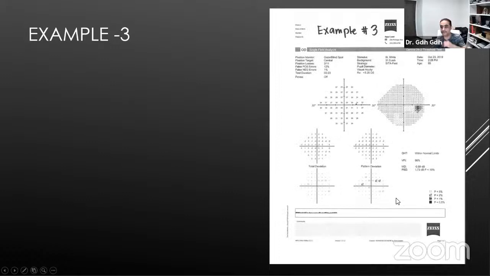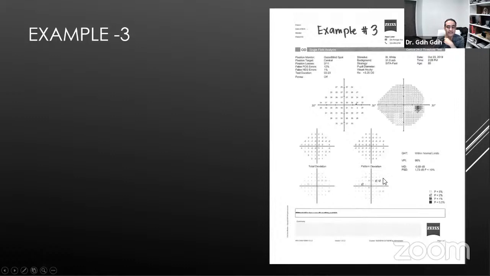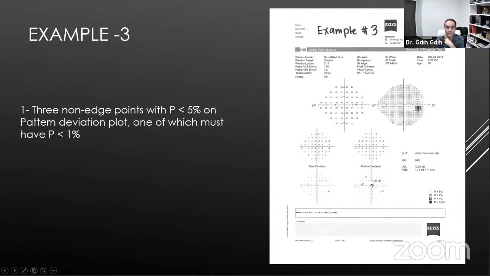Let's look at this one. See, we have scattered visual field losses here. And they kind of repeat here, but denser on the pattern deviation. But let's see if it is significant or not. First of all, do we have 3 points? 1, 2, 3. We do have a cluster of 3 points.